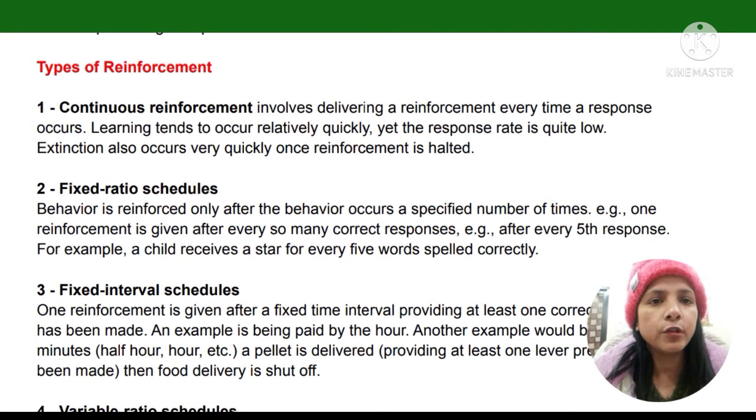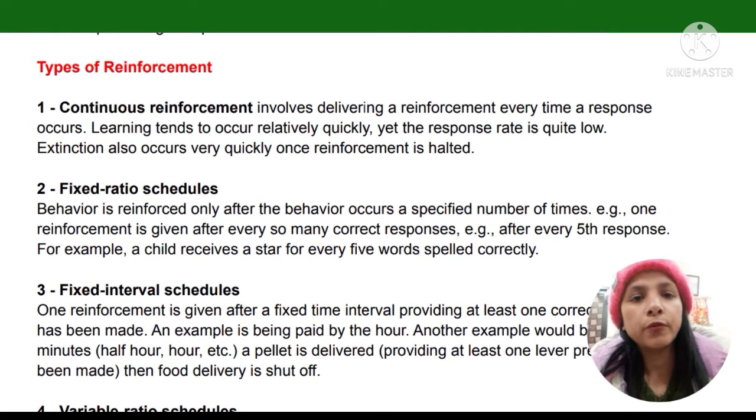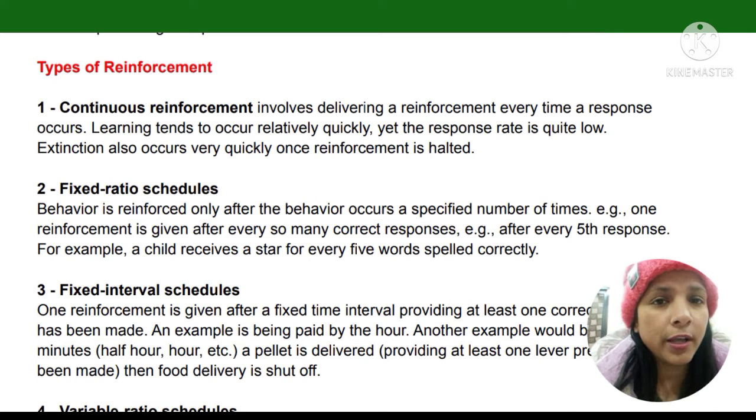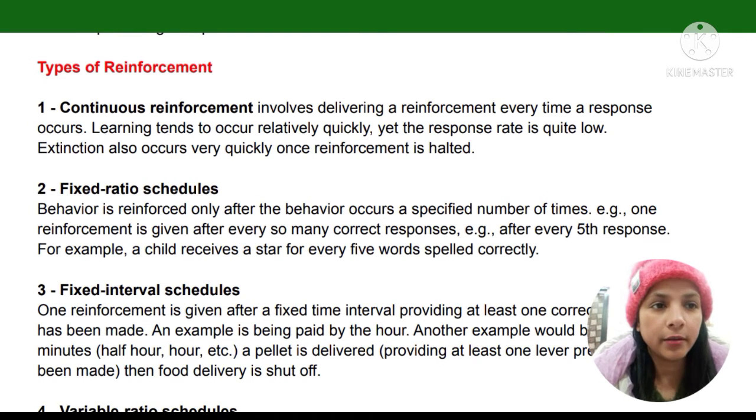So here we can say behavior is reinforced only after the behavior occurs a specified number of times. Example, one reinforcement is given after every so many correct answers. Suppose we are teaching a child, and we tell them that if you recite this table correctly 5 times, then I am going to give you a reward for this.